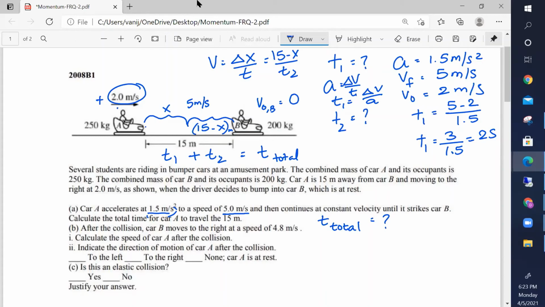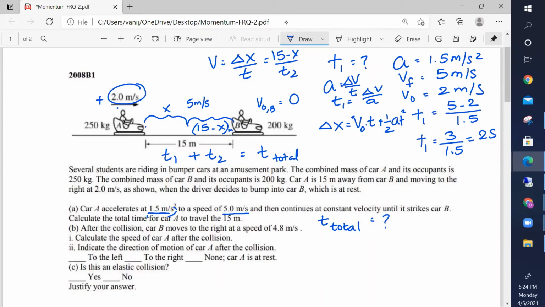Again, I'm going to use the same information that I have here. I know acceleration, I know Vf, I know V0. I want to find x. I'm going to use delta x is equal to V0 times t plus 1/2 at squared. I'm going to use that kinematic equation and solve for delta x.